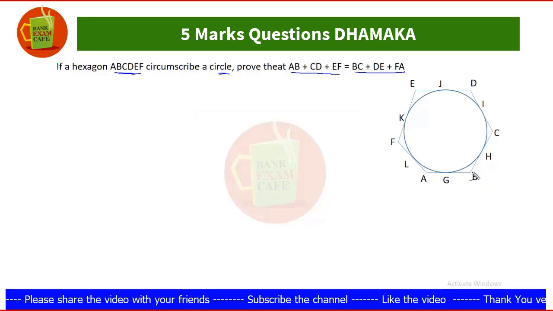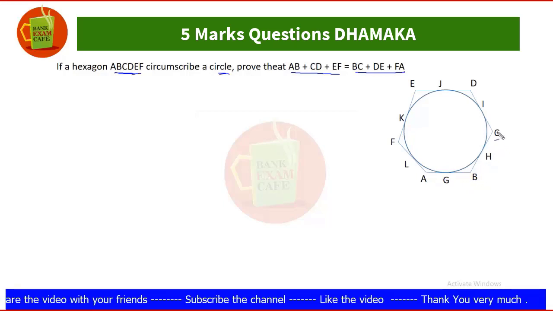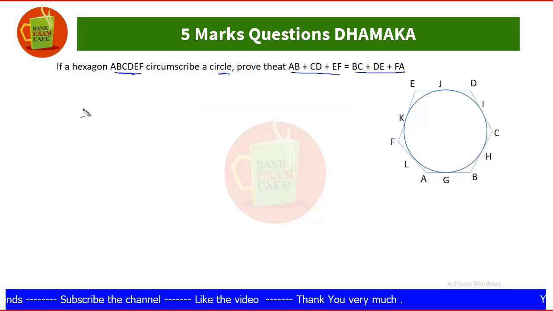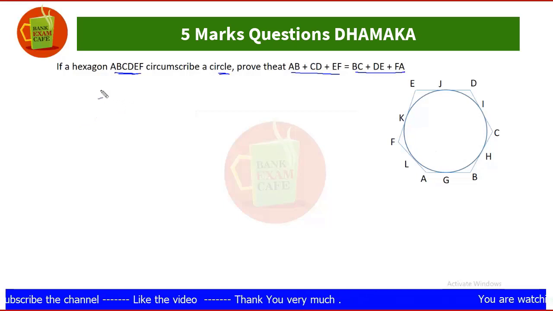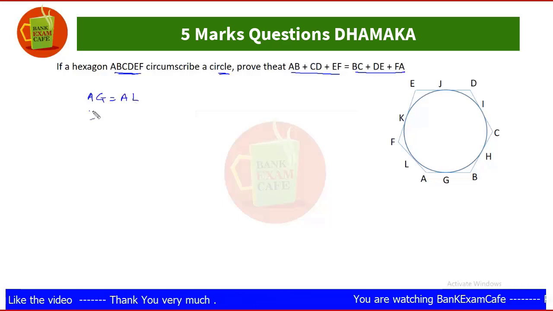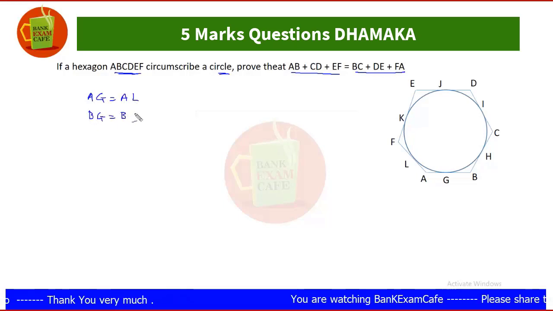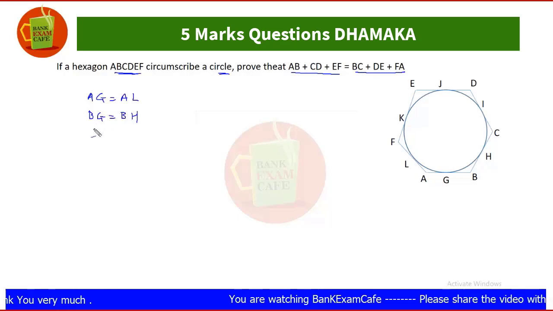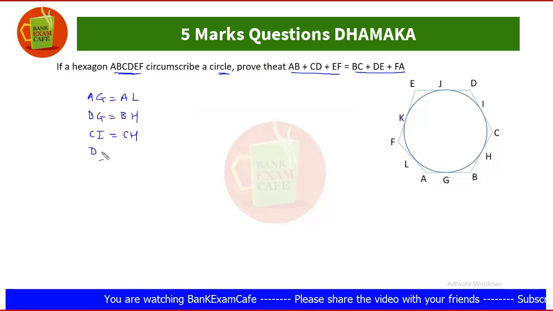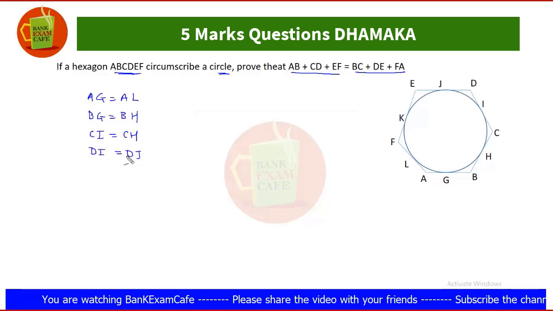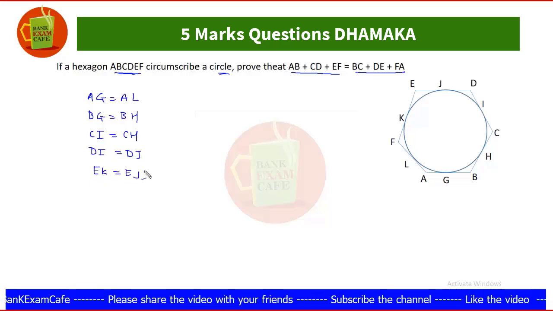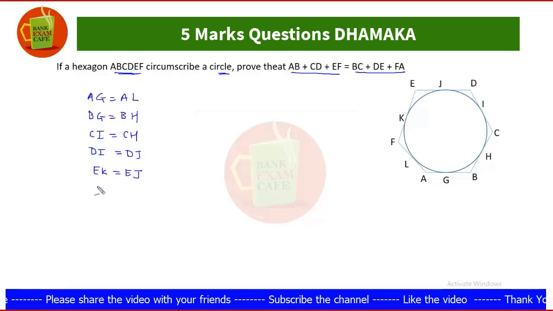Similarly for B, BG is equal to BH. Similarly for C, CI is equal to CH, and so we will write this as AG is equal to AL, then BG is equal to BH, then CI is equal to CH, then DI is equal to DJ, and EK is equal to EJ, and FK is equal to FL.